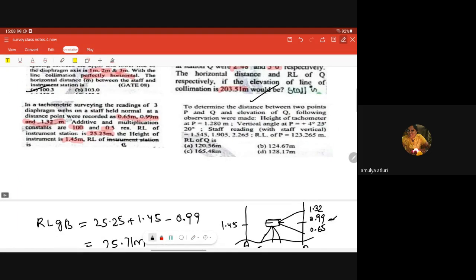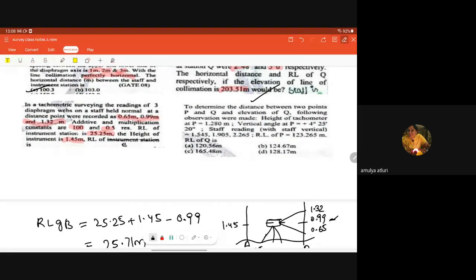This problem is done. Next, to determine the distance between 2 points P and Q and elevation of Q, the following observations were made.